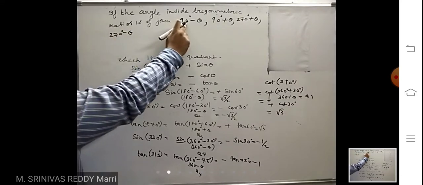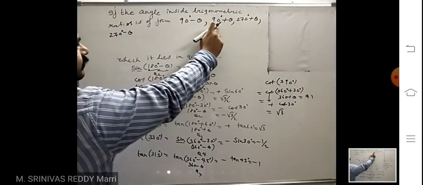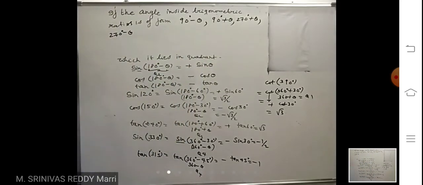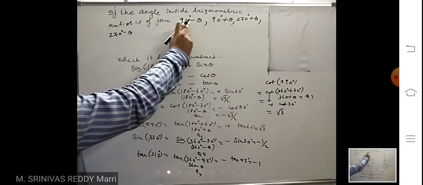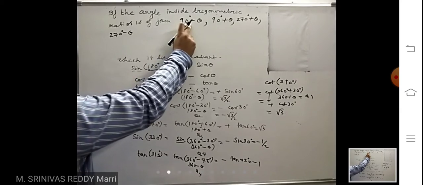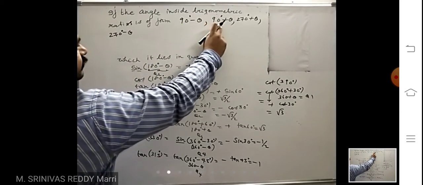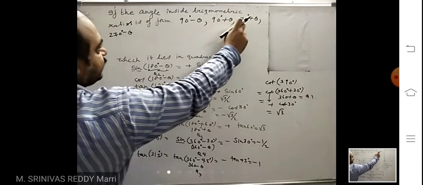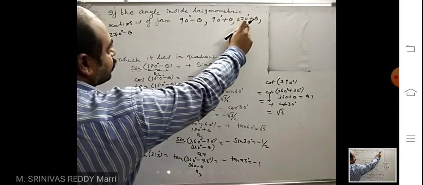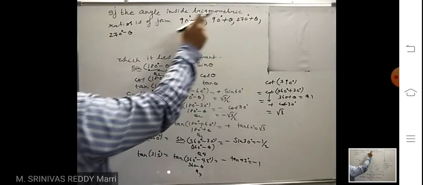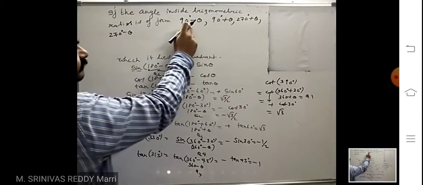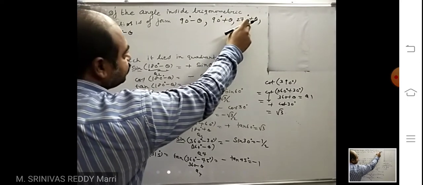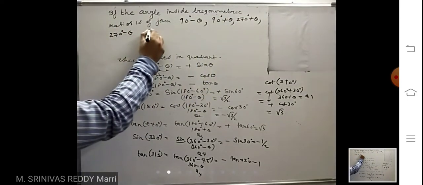That means odd multiples of 90, like 3 into 90. If angles are of this form, look at this angle, which quadrant? First quadrant. This angle? Second quadrant. This angle? Fourth quadrant. This angle? Third quadrant. Like that, 90 minus theta, 90 plus theta, 270 plus theta, 270 minus theta.